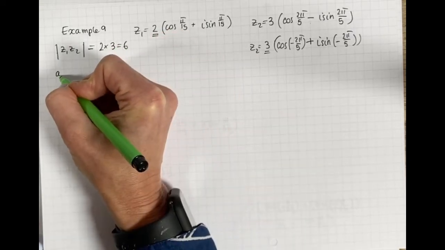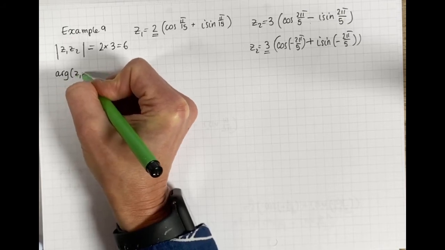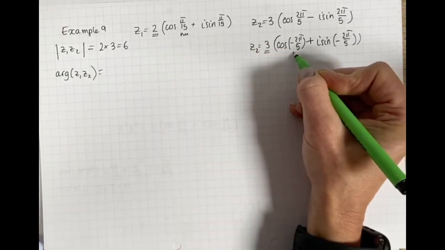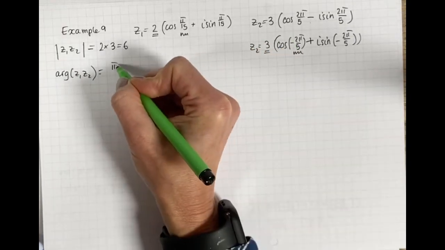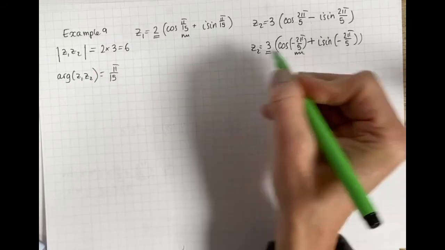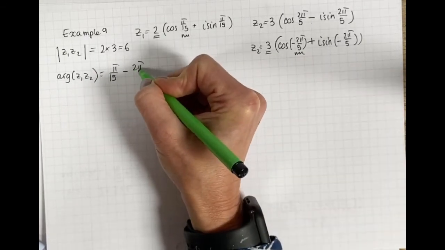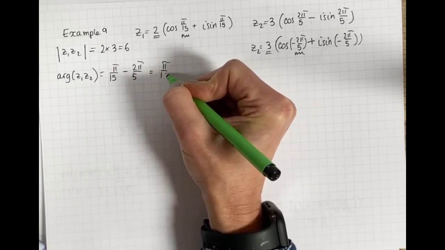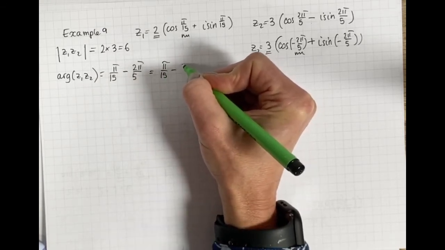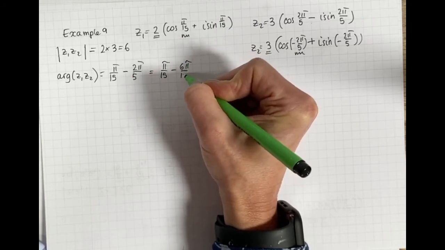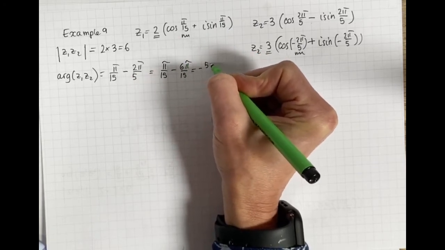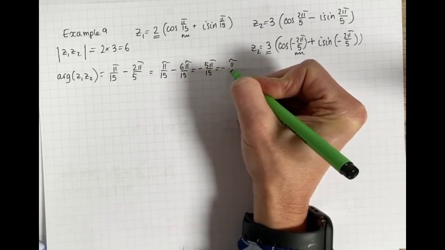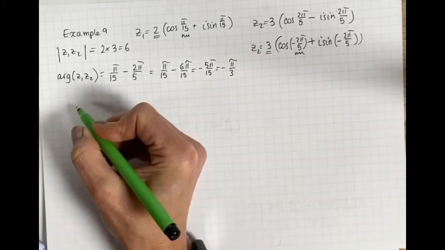Let's do the argument of z1 times z2. This is going to be pi over 15 plus minus 2 pi over 5. So this is going to be pi over 15 minus 6 pi over 15, which gives me minus 5 pi over 15, which is minus pi over 3, so minus 60 degrees.